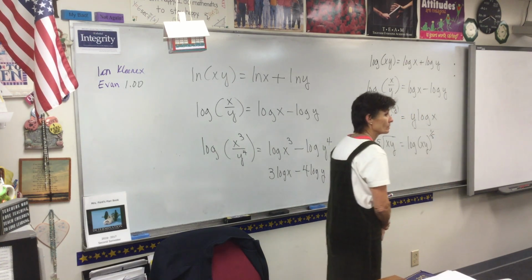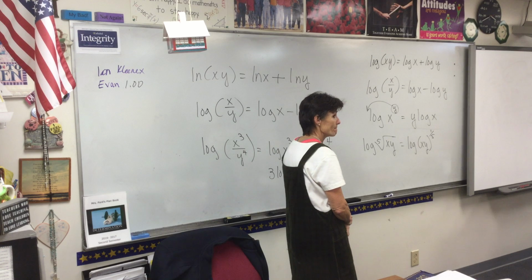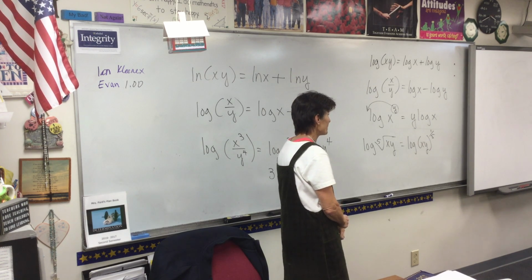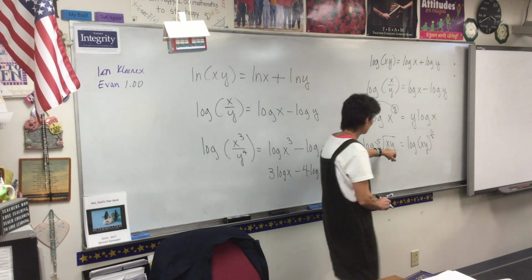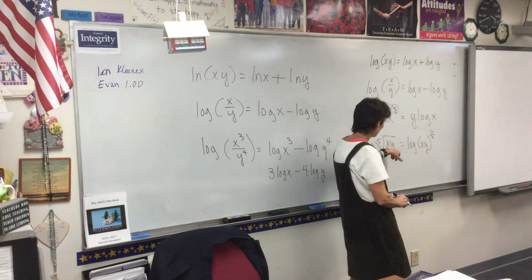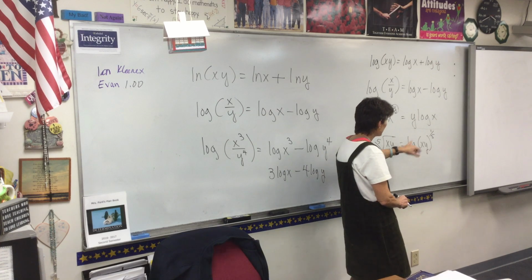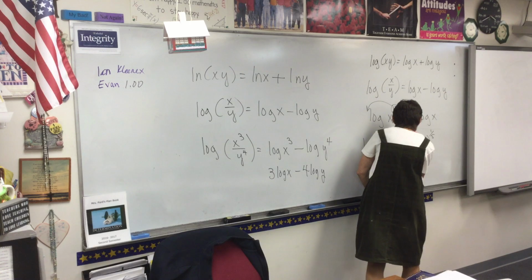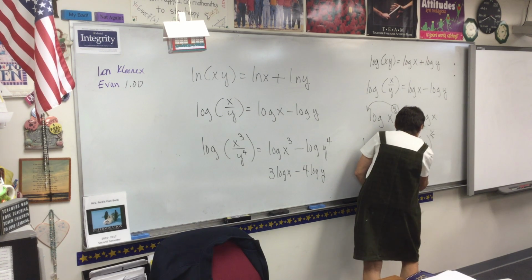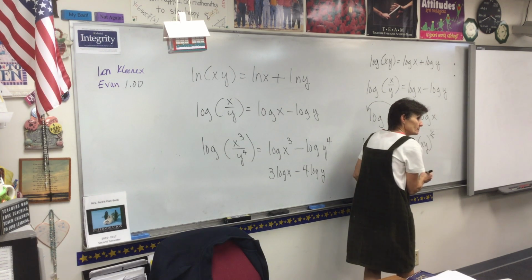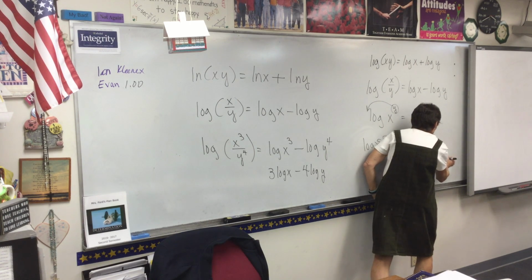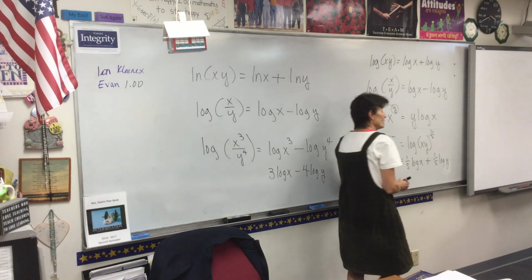Since it's for both, does that mean it's a coefficient for both? Yep. It's going to be a coefficient for both because it applies to both of them. Since the radical is over both of those letters, it's going to be 1/5 log x plus 1/5 log y.